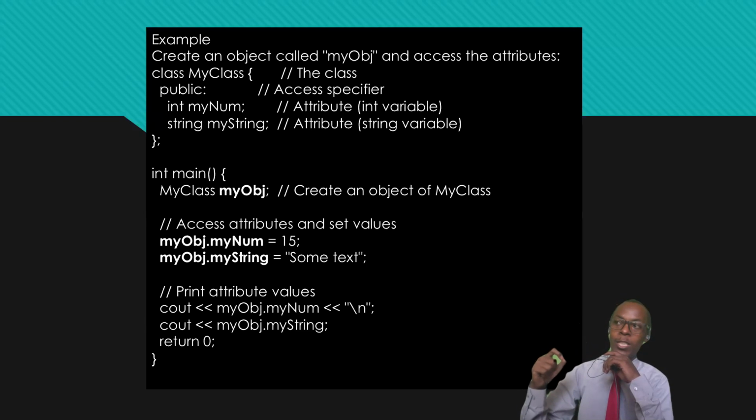We can declare the object at class definition, or we can declare the object in the main function, outside of the class definition. We take the class name followed by the object name, because the class name is the user-defined data type or abstract data type. The class name is my class, and the object name is my object.